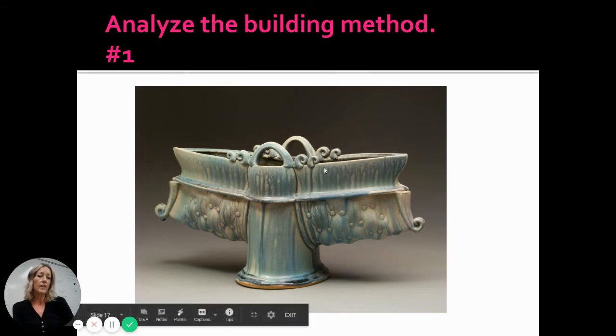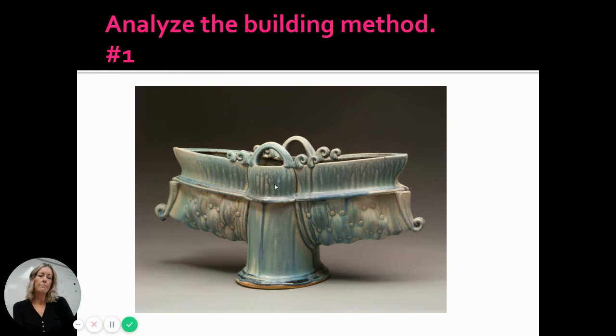So when we look at this piece, my example here is that, all right, I can see that we have a cylinder here in the middle that was thrown on the wheel. And then I can see that the side pieces were probably a wide, short cylinder thrown on the wheel and then flattened, because it's become oval.